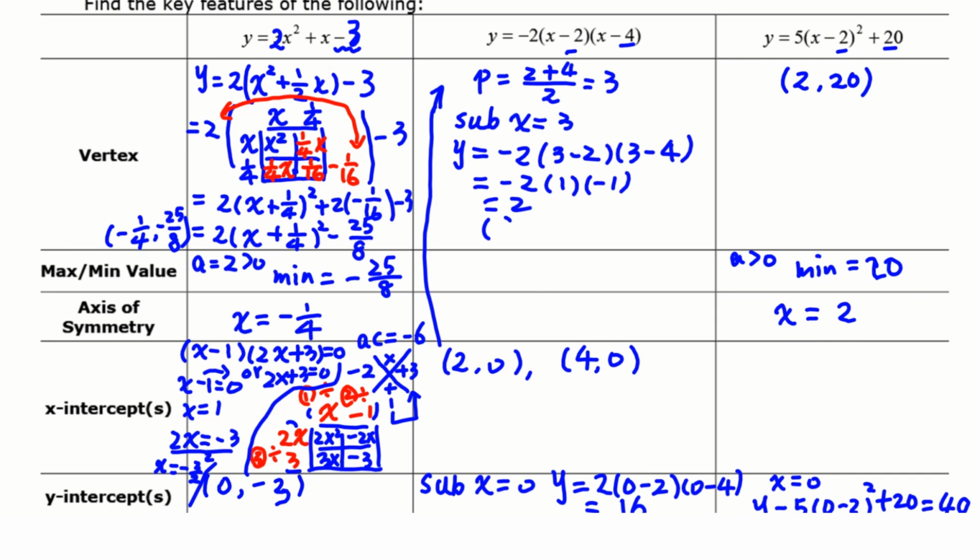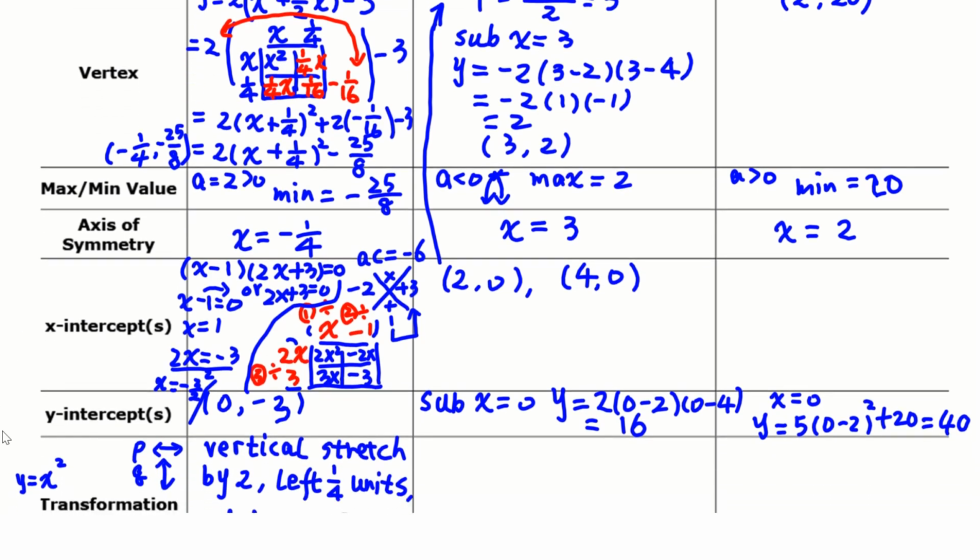So the vertex is 3, 2. Then for the maximum or minimum value, because the a value is less than 0, it opens down. At the vertex, this is the highest point, so you have a maximum y value equals 2 at the vertex. The axis of symmetry is just x equals the p value.